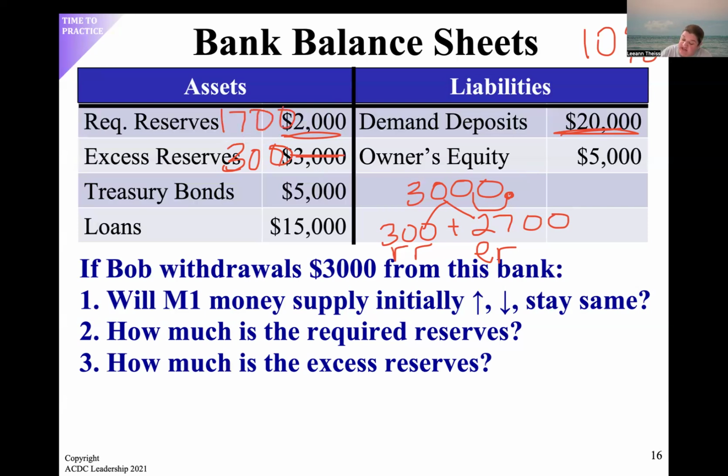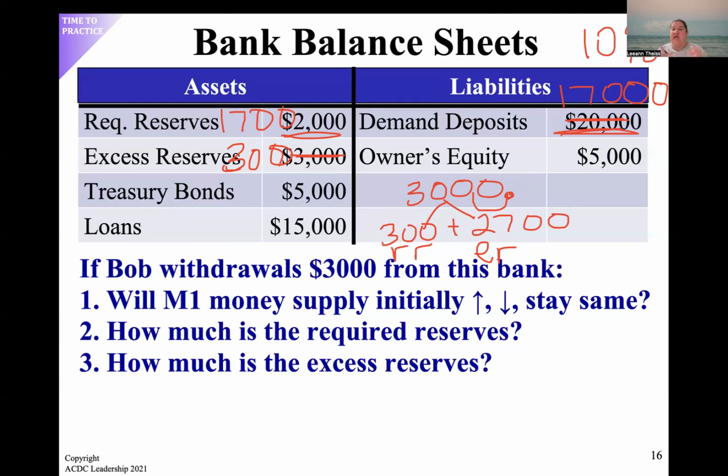And I have to change my total demand deposits. If I took $3,000 out, how much do I have in demand deposits now? I have $17,000. Notice that your math is all even. If we now have $17,000 in demand deposits, then I should have $1,700 in required reserves.